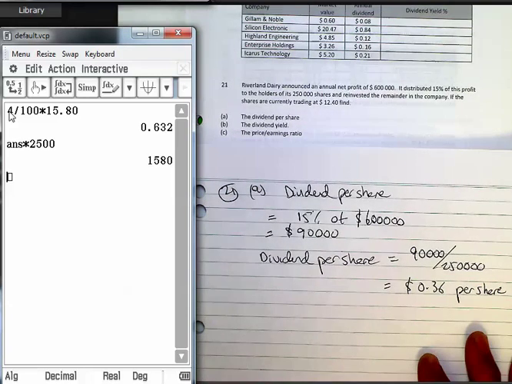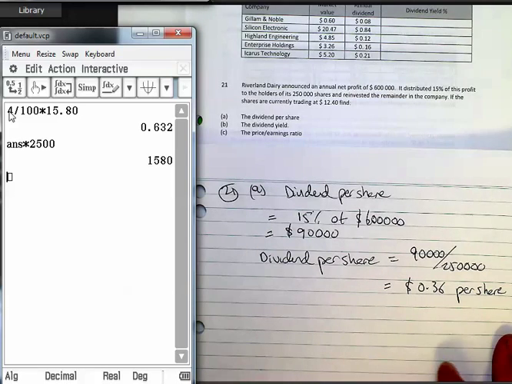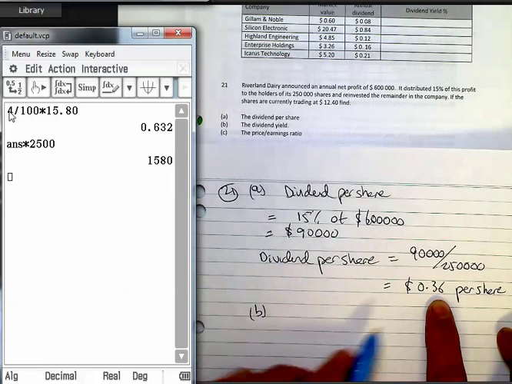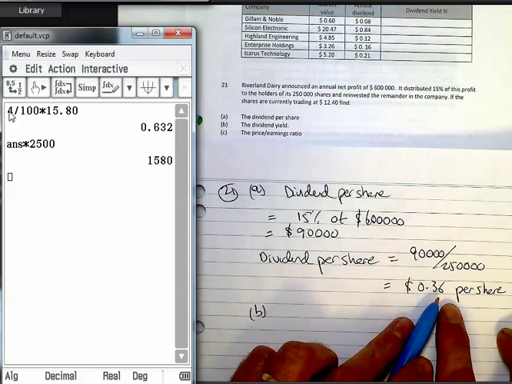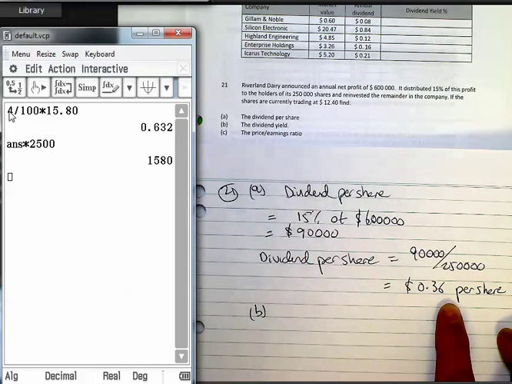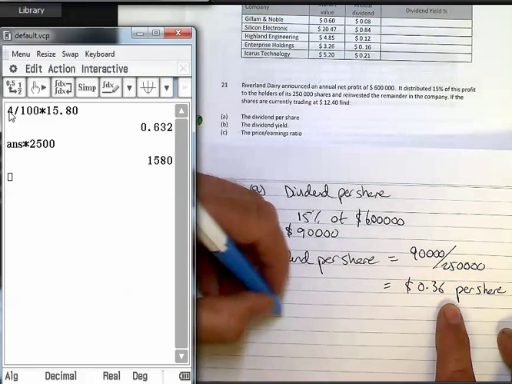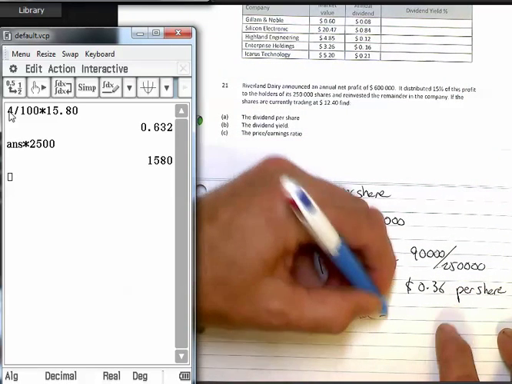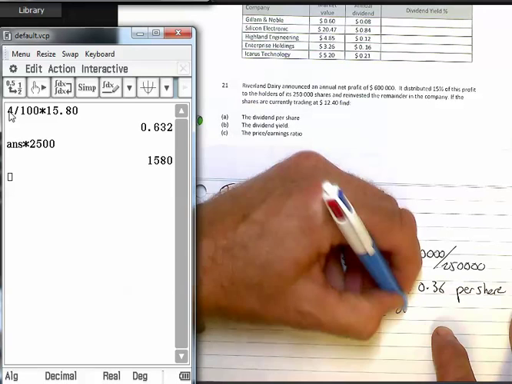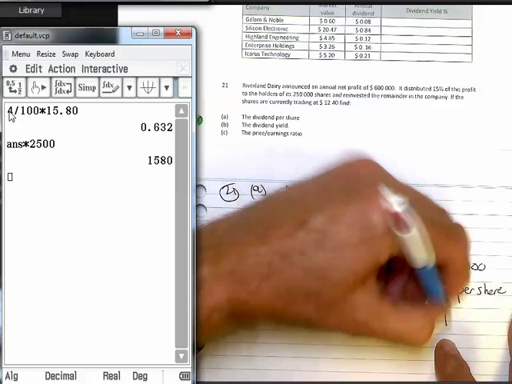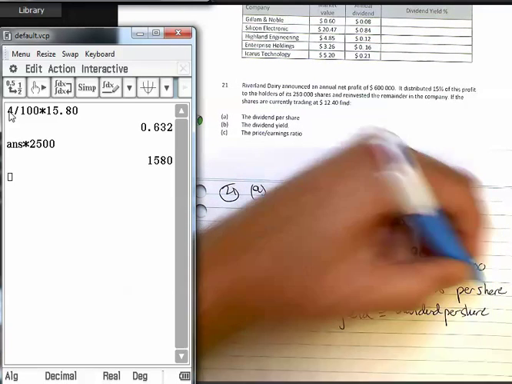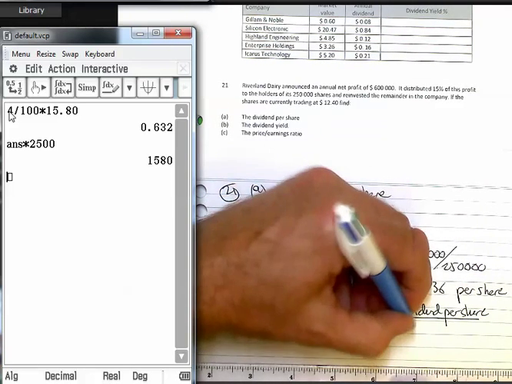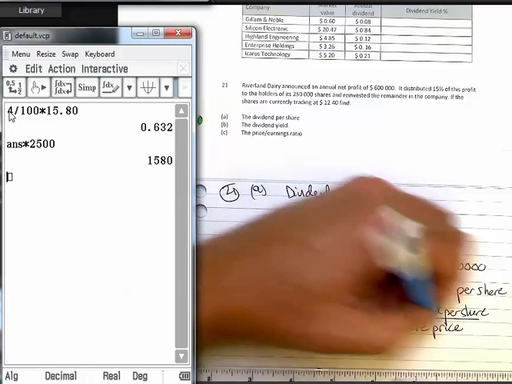Now, companies are asked to calculate a dividend yield. Dividend yield is the dividend paid out, which is 36 cents a share, divided by what the shares are currently trading at. I'll put share price, but that's the share price as currently traded.